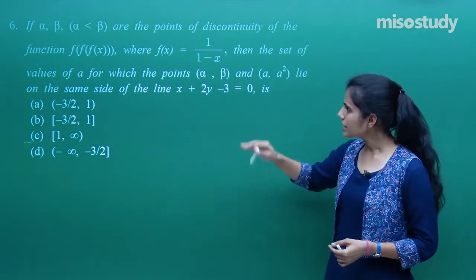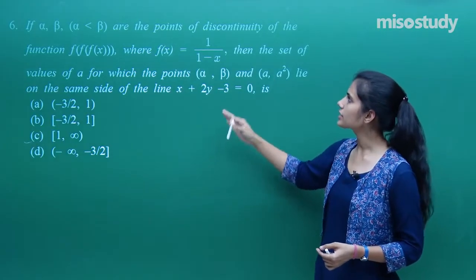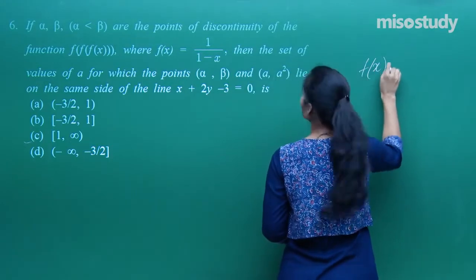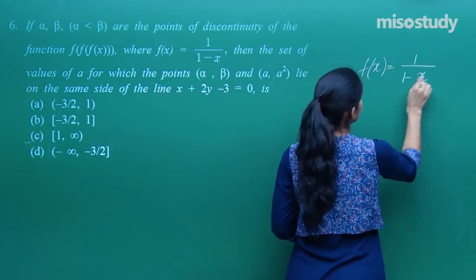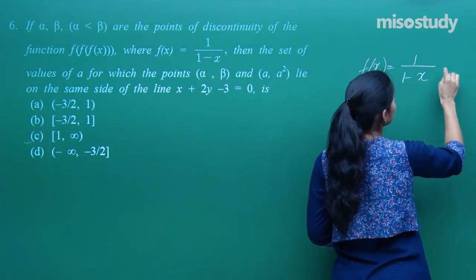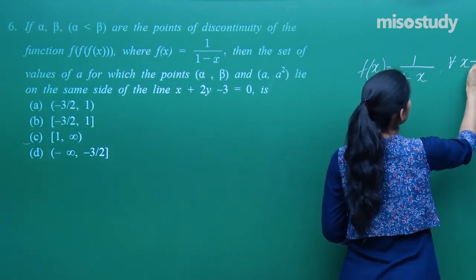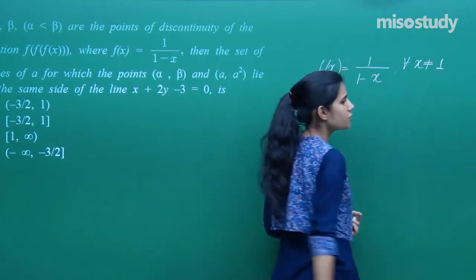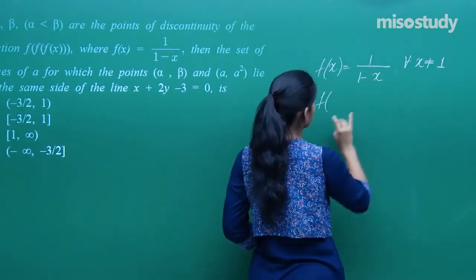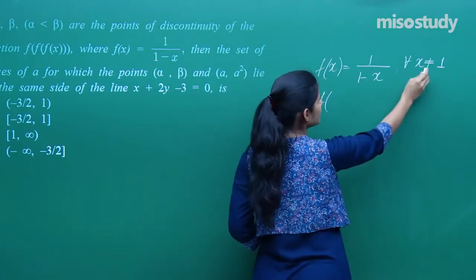So first of all, what is f of x and what are the points of discontinuity for this function? F of x is given to you as 1 upon 1 minus x. Now this is not defined or not continuous for x equals 1, right? So f is discontinuous for x equals 1. So point of discontinuity of f is x equals 1.